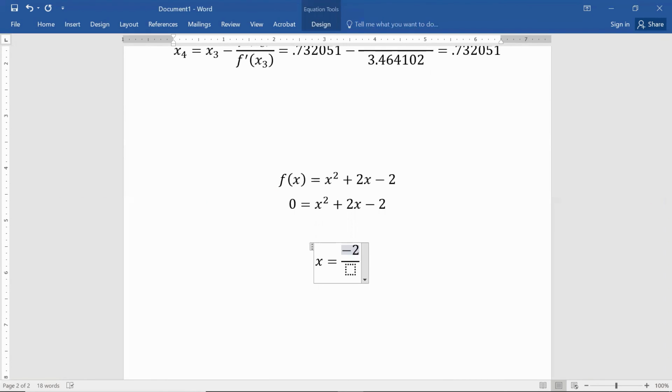Opposite of b plus or minus the square root of b squared minus 4 times a times c, all over 2a.